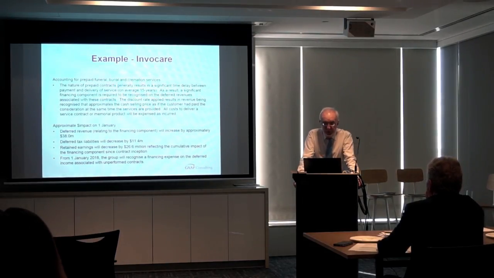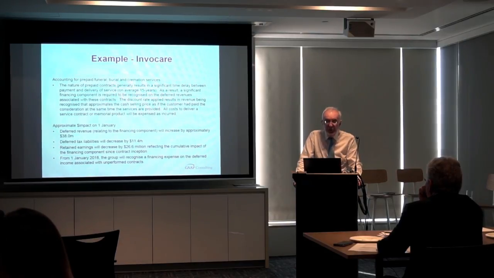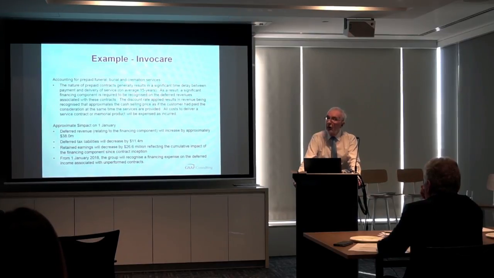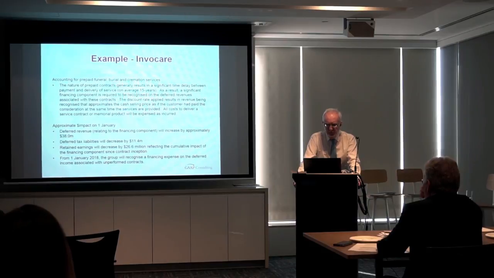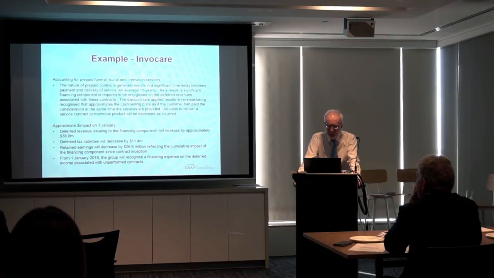The next one, a bit more detail here. The nature of prepaid contracts generally results in a significant time delay, as one would expect with the nature of this particular business, between the payment and the delivery of the service, on average 15 years. So they've given us a time period. Good. As a result, a significant financing component is required. The revenue standard deals with that particular issue. And if we have a financing component, we will always have a discount issue to be considered.